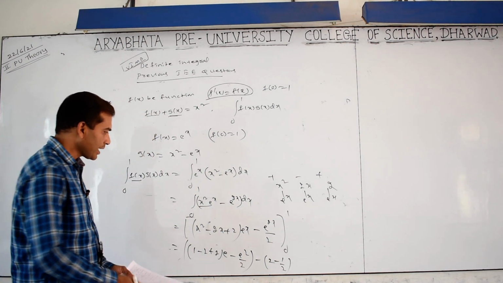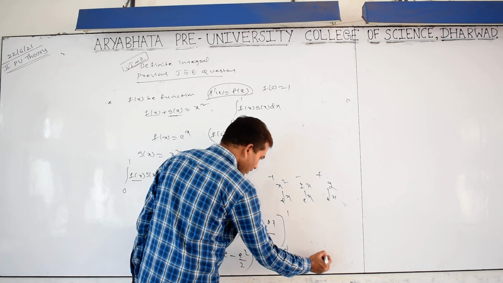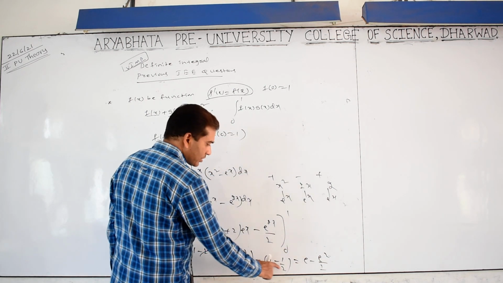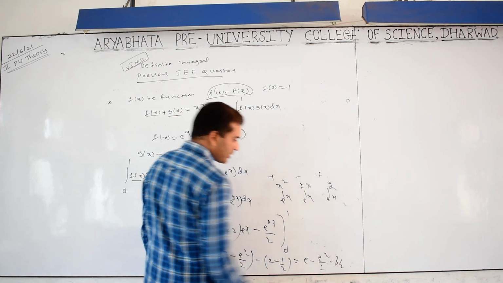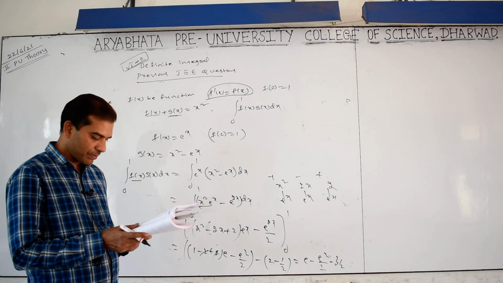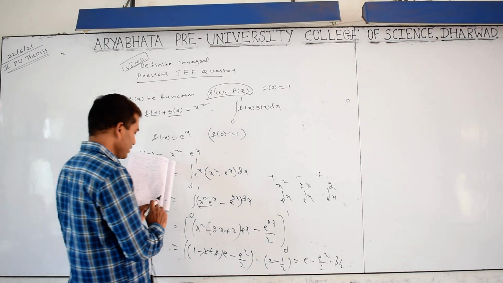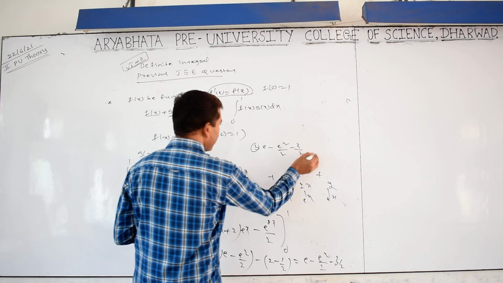Okay, the 2 gets cancelled here. So e minus e square by 2 minus 4 minus 1 by 2, that is minus 3 by 2. That is the answer: e minus e square by 2 minus 3 by 2. The B option is right, B option is given, e minus e square by 2 minus 3 by 2.